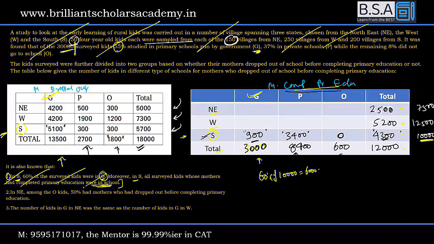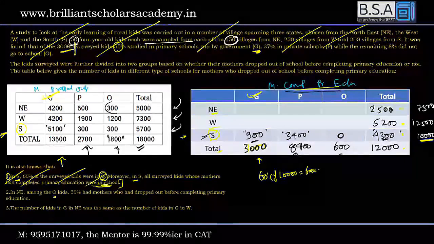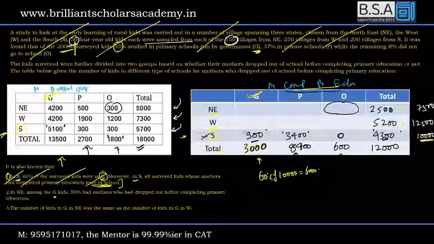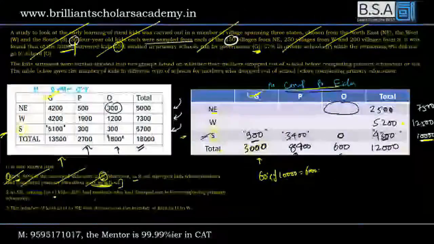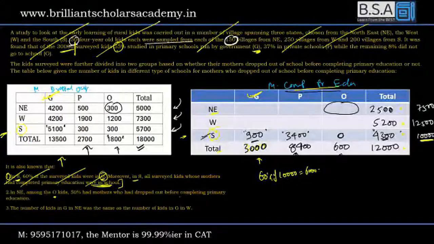Done with this. In Northeast, among O kids, who are the O kids? Northeast, these are the O kids, and these will also be the O kids, kids who are outside the school, who are not studying. 50% had mothers who dropped out of school before completing primary education.